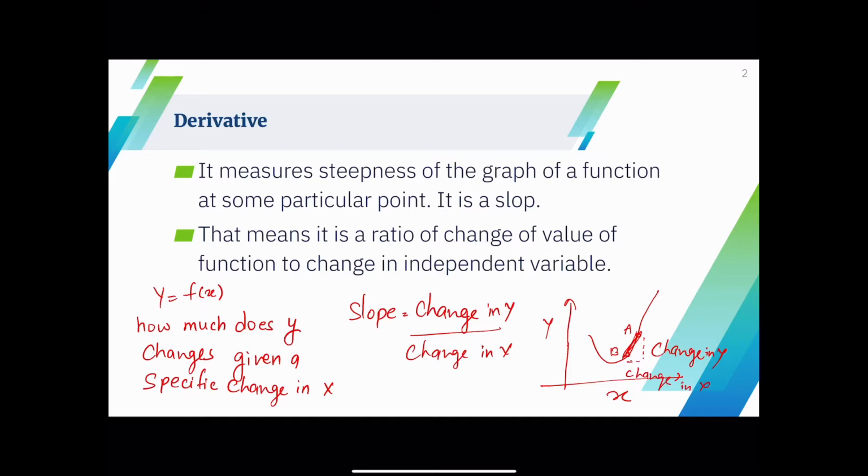So slope is just a simple ratio of change in y and change in x. But what if we want to find the slope at one particular point? Because here we don't have 2 points. How can we find the slope at this particular point?